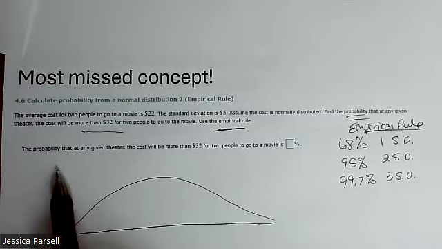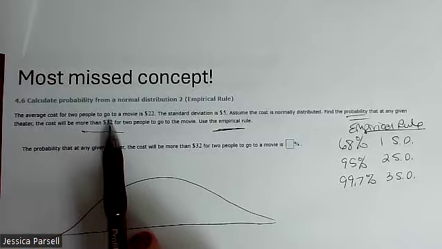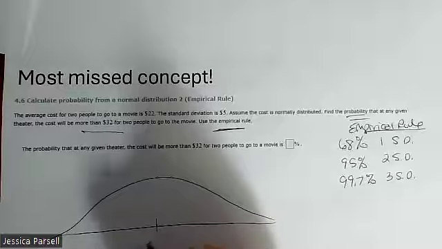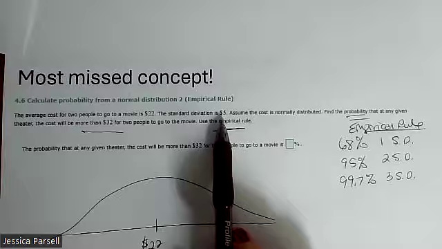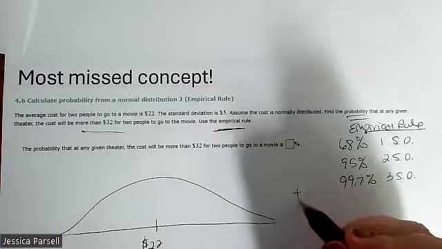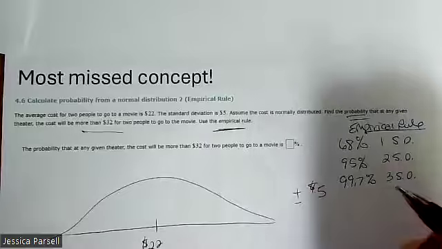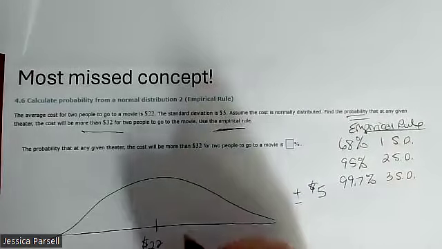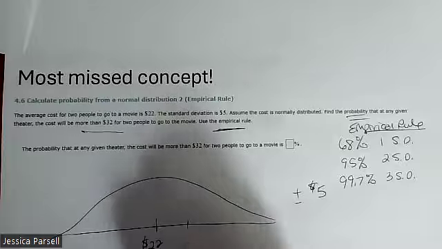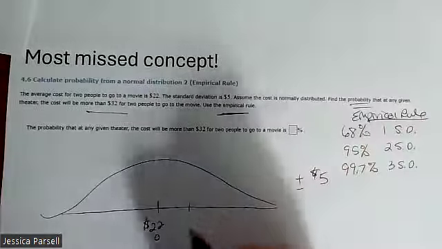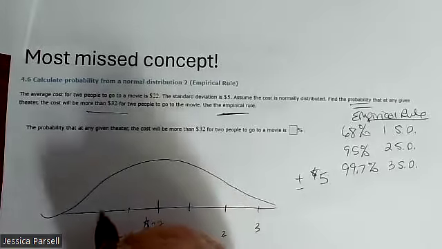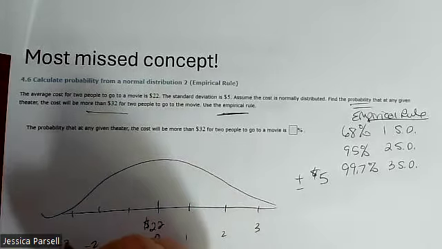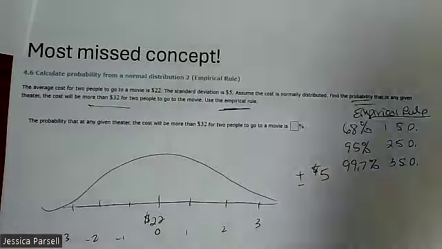Okay, so let's sketch this out. Average cost for people to go to the movie is 22 bucks, so average always goes in the middle. It deviates $5, so that means plus and minus $5. If the starting point is 0, let's go out 1, 2, 3 deviations to the right, and -1, -2, -3 deviations to the left.